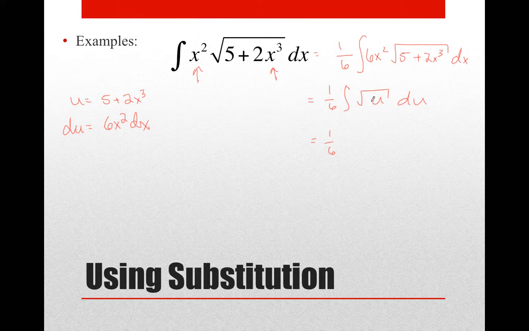All right, so then I take the antiderivative here. The antiderivative of the square root of u is u to the 3/2 times 2/3 plus c. Then I finish my question here.